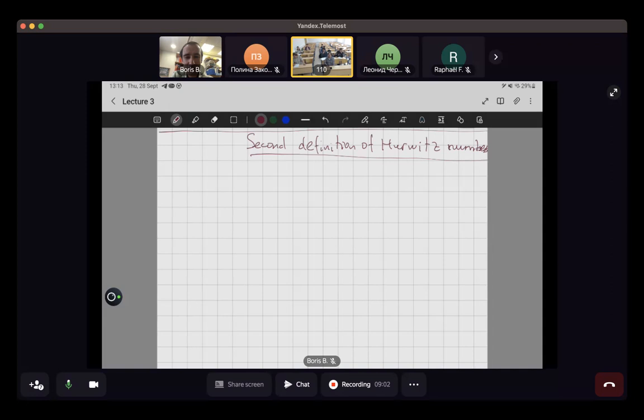And here we have M simple critical values. What does simple mean?